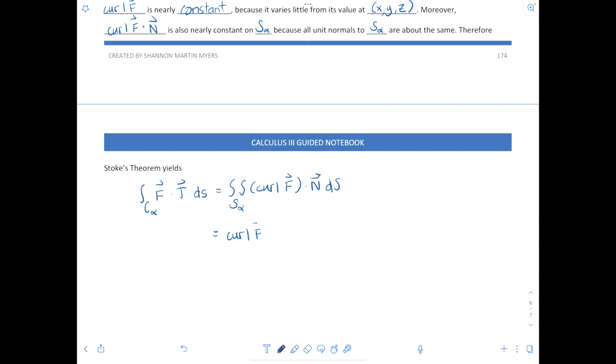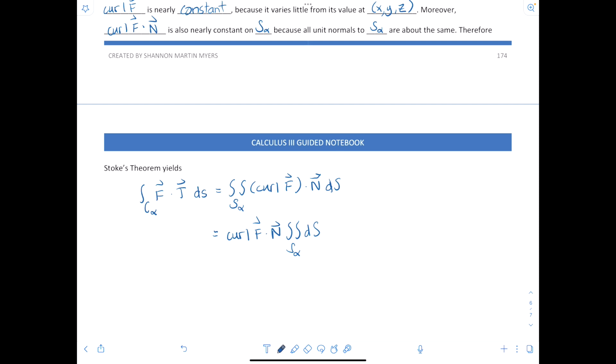So we would get curl F dot N times the surface integral over the oriented surface S alpha with respect to ds, where S is that big surface, right?